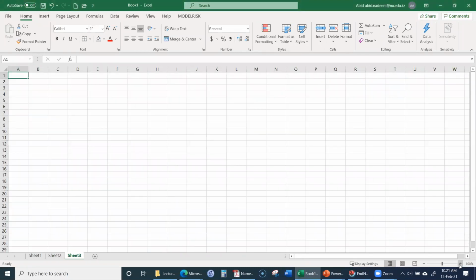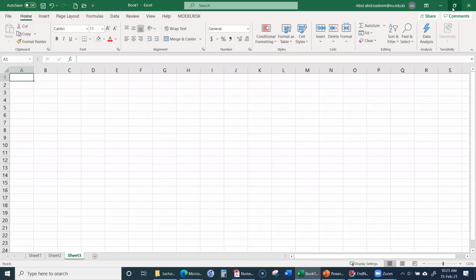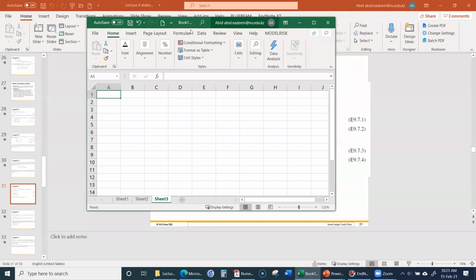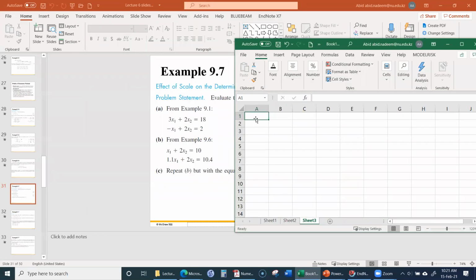So for example, can you see this Excel, right? Yes. 3, 2, 18, minus 1, 2, and 2.